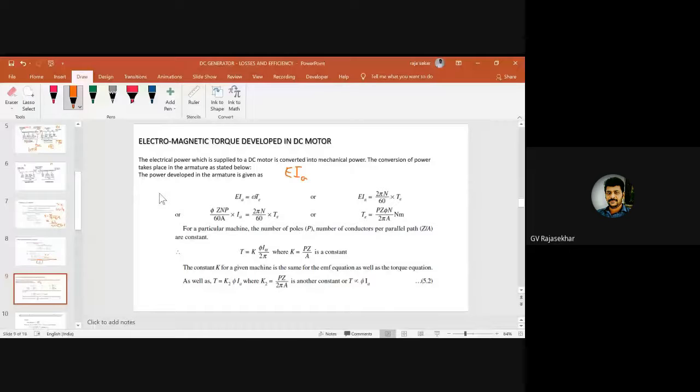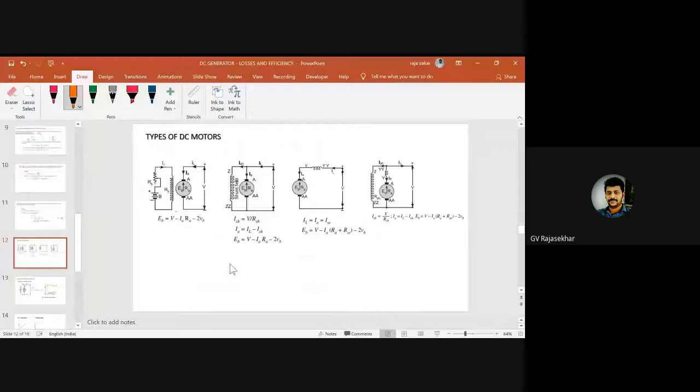In a DC generator, IA is in this direction and it divides into two parts, IL and ISH. But in a DC motor, we are supplying the electrical power. That means IL will be supplied and it is divided into IA and ISH.